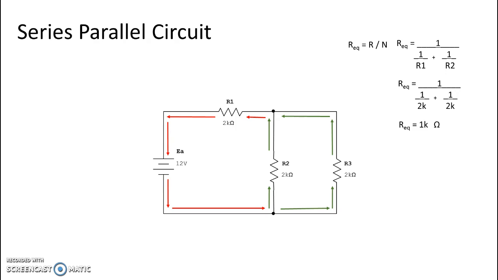In this case, I have two branches that both have 2,000 ohms, so I take 2,000 divided by 2, as you can see in this formula, and I end up with a total resistive value of 1K ohms, which is exactly the same as if I had reciprocated it like in the first example.